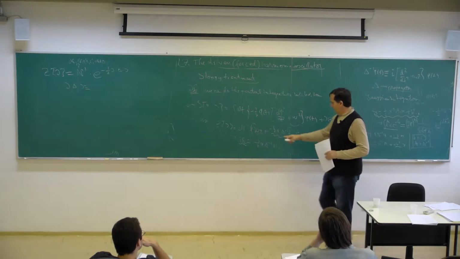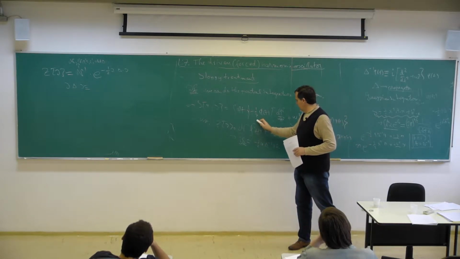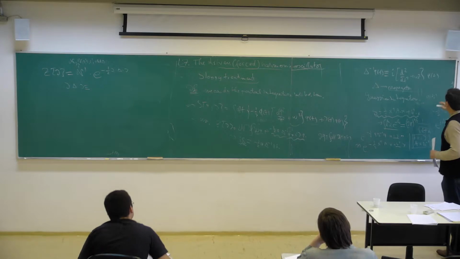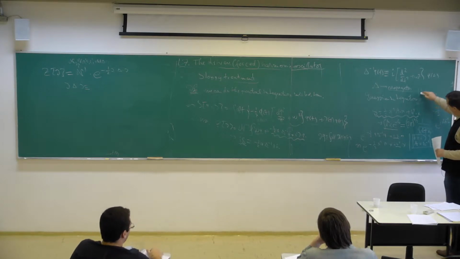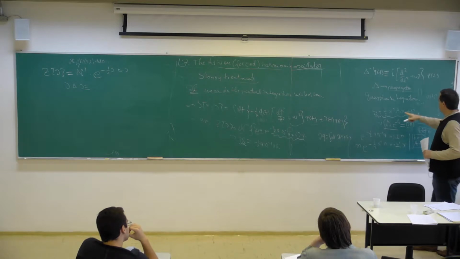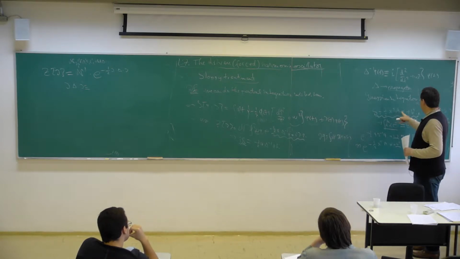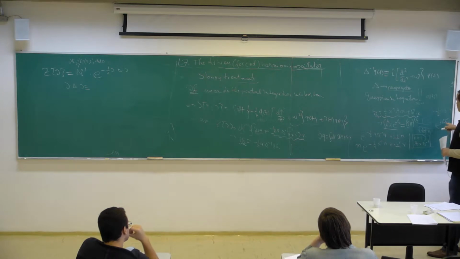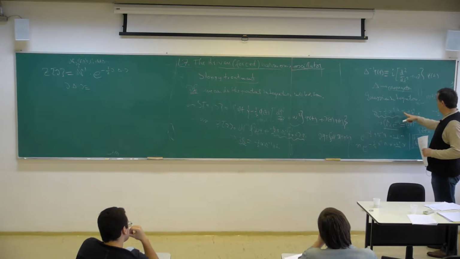So when we write this double sum, it would be j i, q of ti, q of tj.